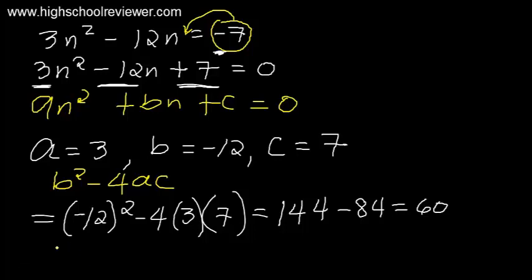Okay, now our discriminant here, or b squared minus 4ac, is greater than 0. So it is greater than 0, and it is not a perfect square.